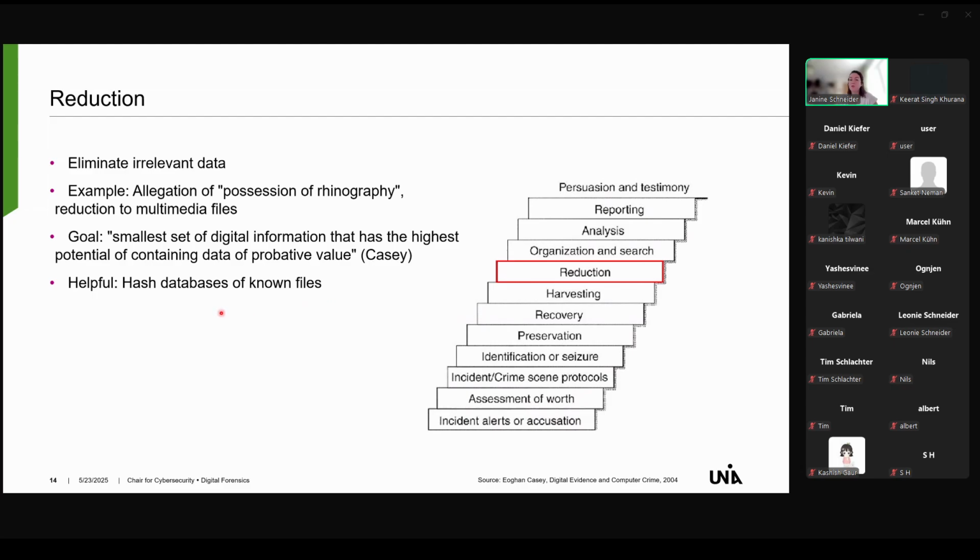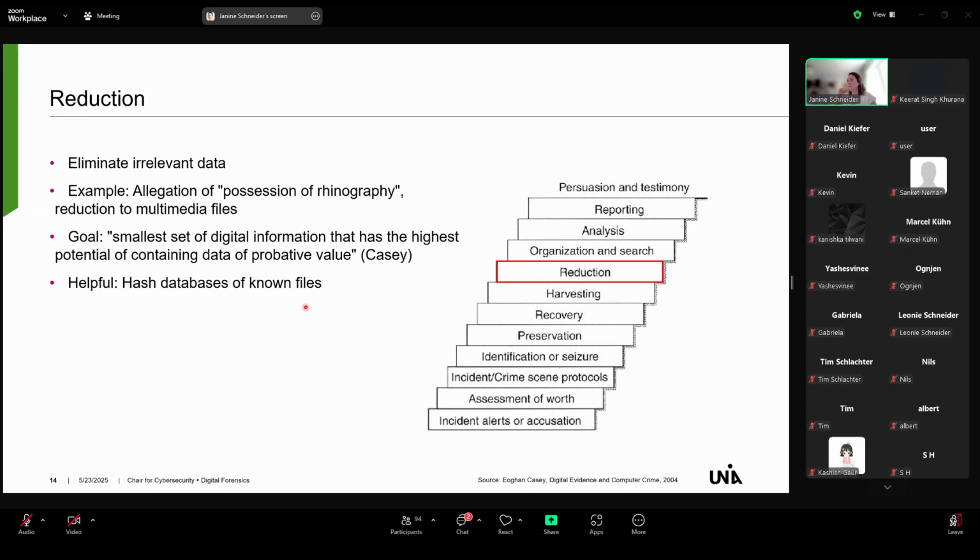But if you have them in the special database, you already know, for example, that the picture is old, the people were already helped. Basically you don't have to do more than just say, okay, it's illegal. Check, illegal.